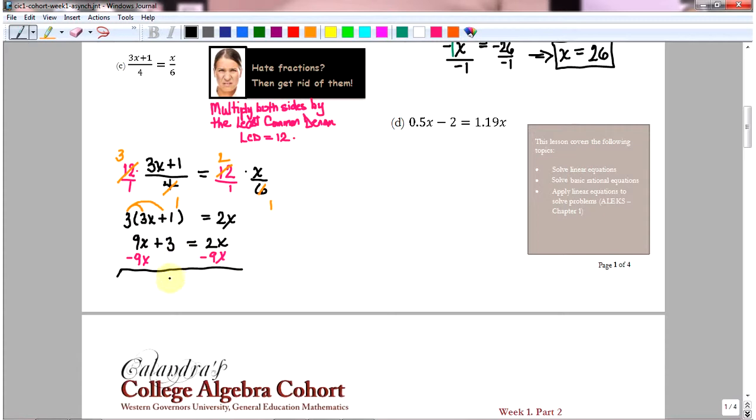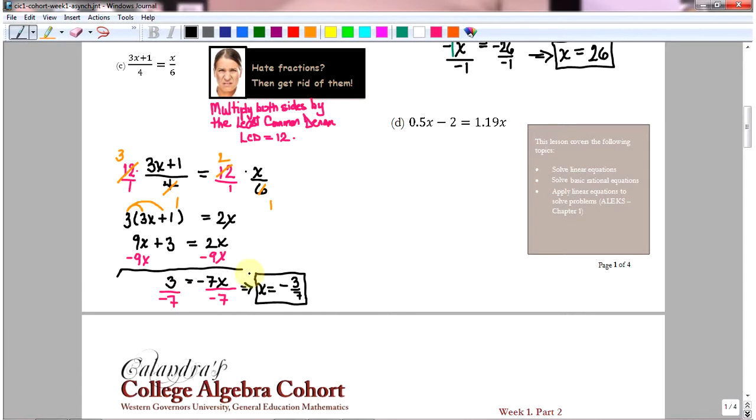I'll have 3 is equal to negative 7x. Now to isolate the x, the opposite of multiplying by negative 7 is dividing by negative 7. So we have our final answer: x is equal to negative 3/7. Remember, with a fraction, it doesn't matter if you pair the negative with the top or bottom. Typically it's paired with the top, but they're both equivalent.